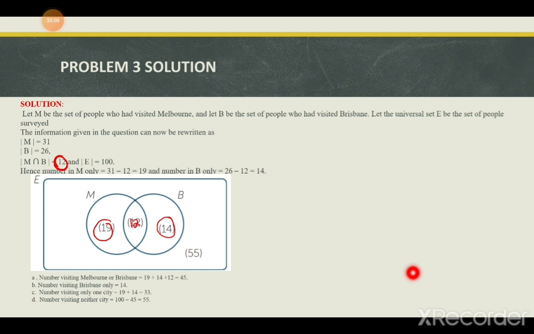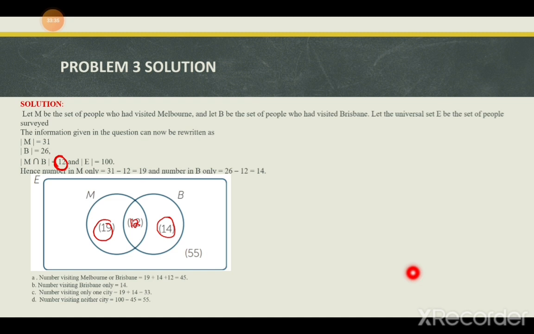So you have number visiting Melbourne or Brisbane. Take note of the word or. Pag or yan guys, sinasabi ko sa inyo, lahat ng number of people na kasali dito sa Venn diagram natin, we will add them because or means all. Or means kahit na hindi ka pumunta doon, kasali ka pa rin, tama?